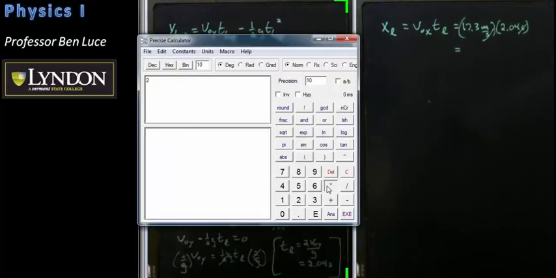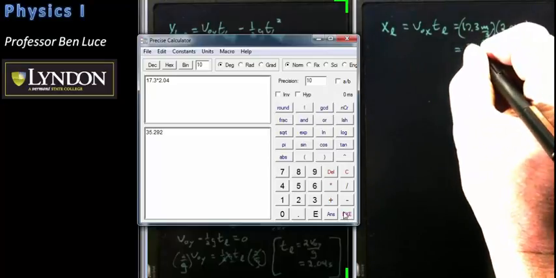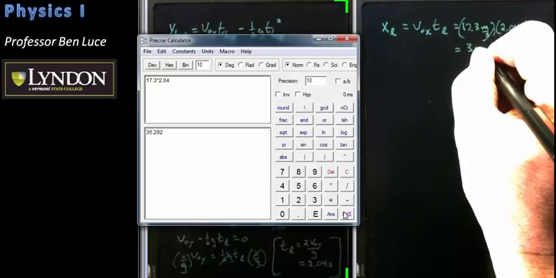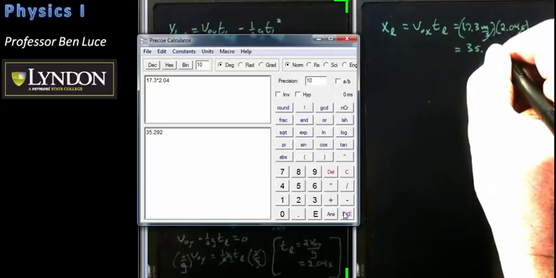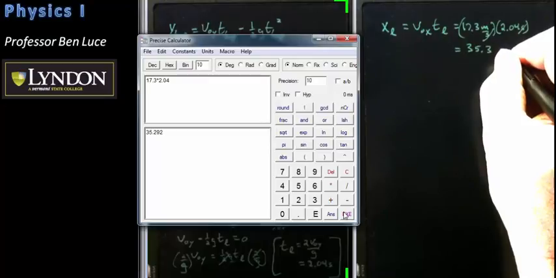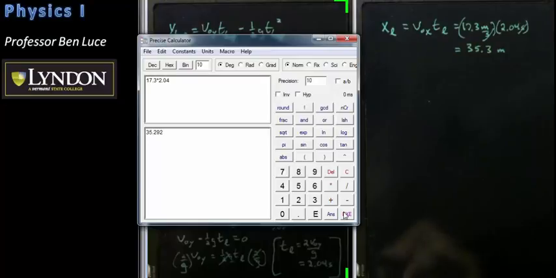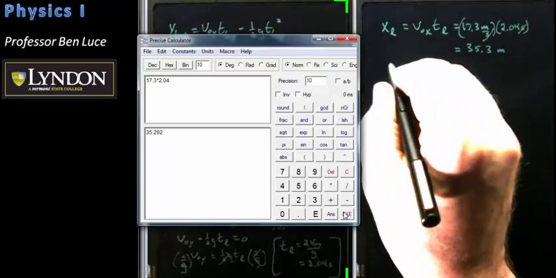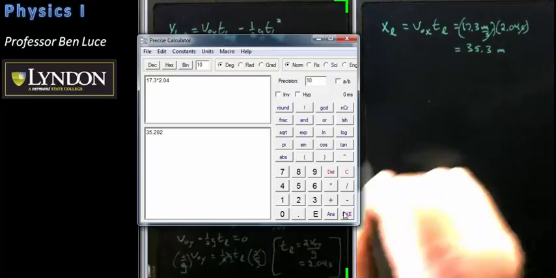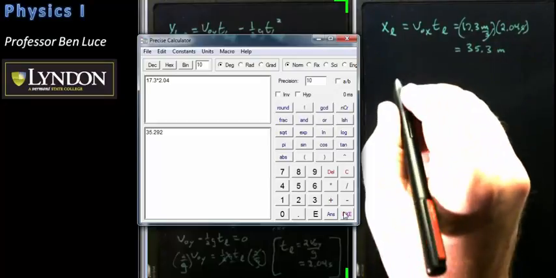We have 17.3 times 2.04, and to 3 sig figs we obtain 35.3 meters. Which is just over 35 meters, which is very similar to the result that the simulation produced.